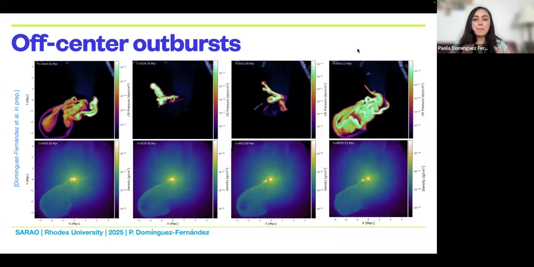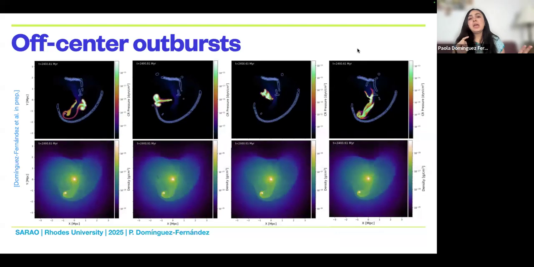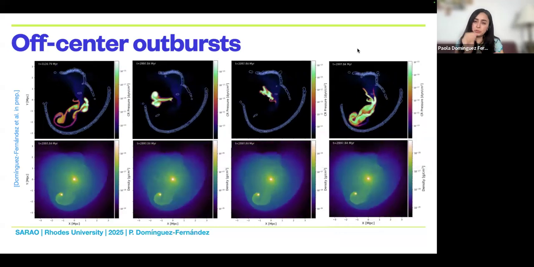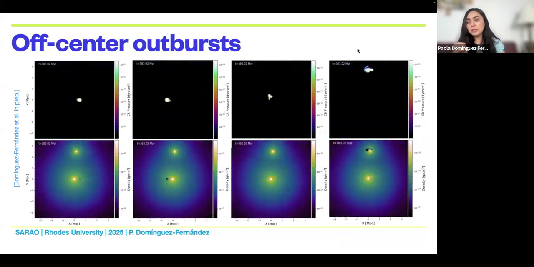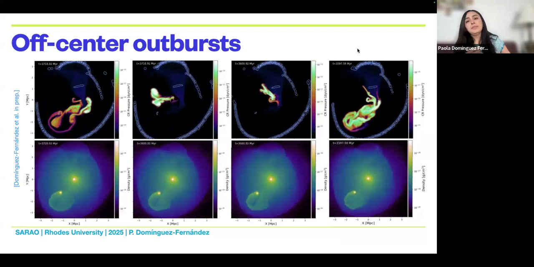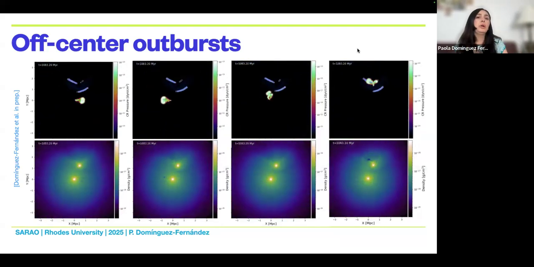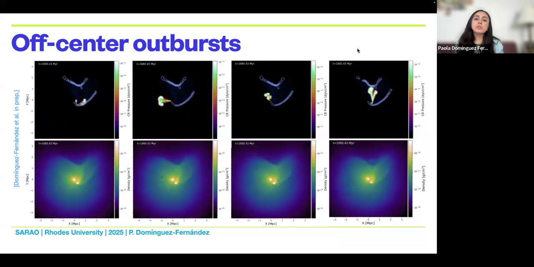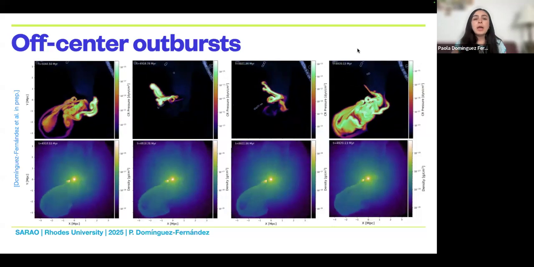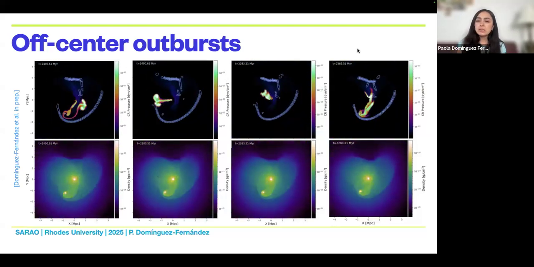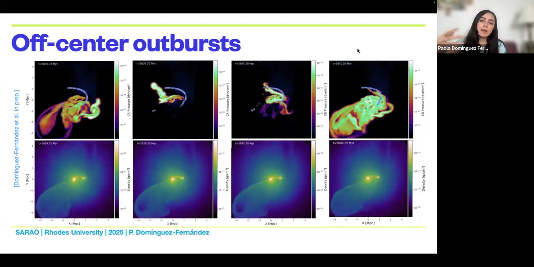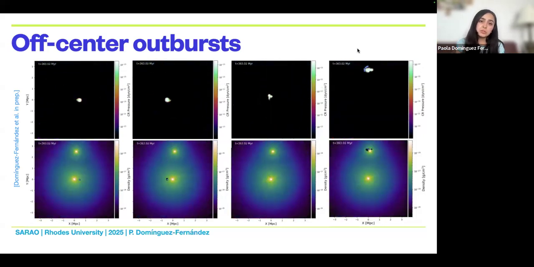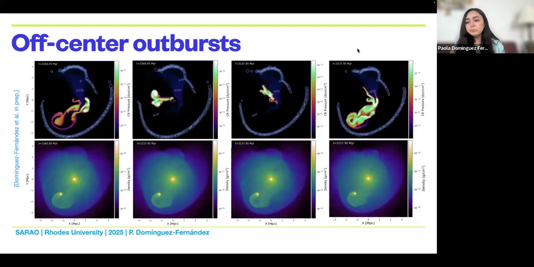We are starting to see a couple of things. The first one is that there will be preferential locations at which the cosmic ray material will interact more with the merger shock. And another thing is that in contrast to the other simulations that I was showing you, it is not always the case that all the cosmic ray material will end up permeating the central region of the galaxy cluster.